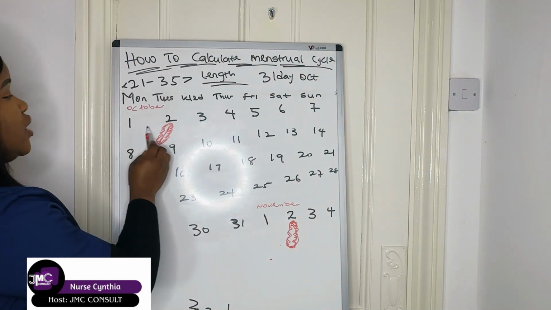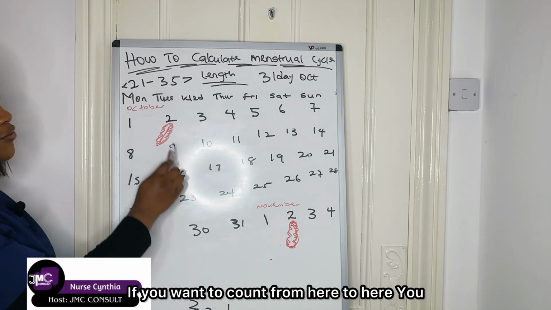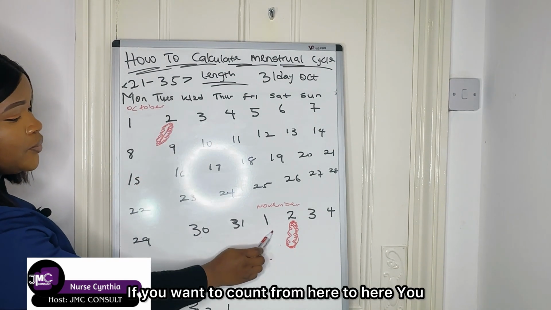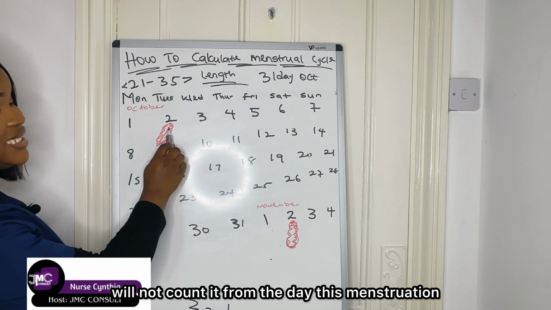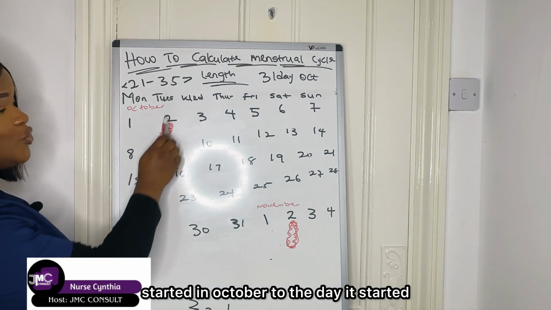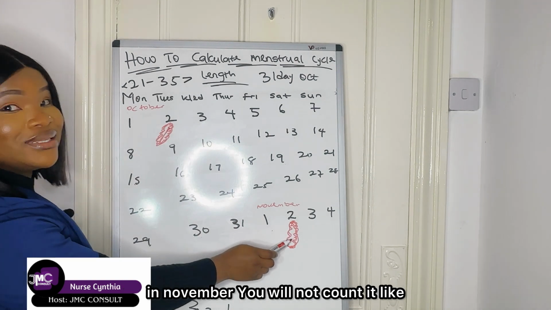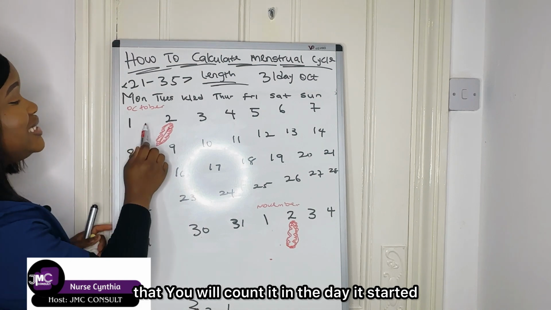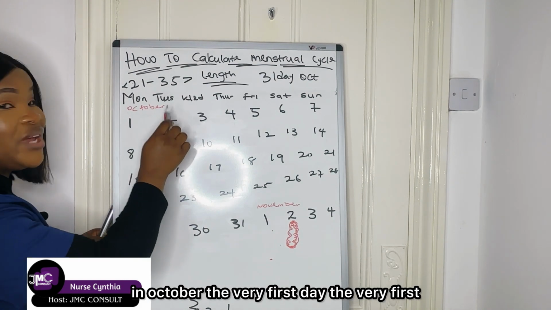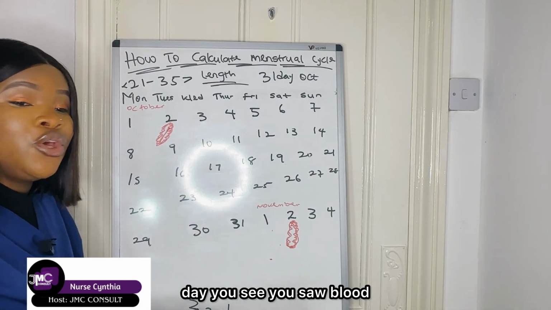Now, if you want to count from here to here, you will not count from the day the menstruation started in October to the day it started in November. You will not count it like that. You will count from the day it started in October, the very first day you saw blood.